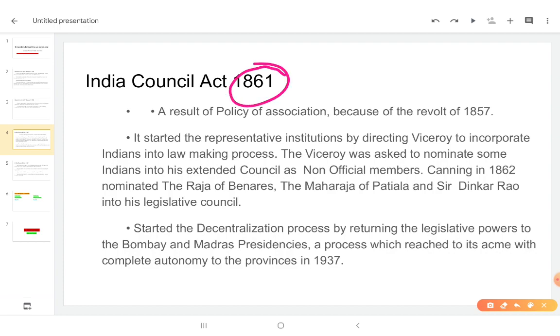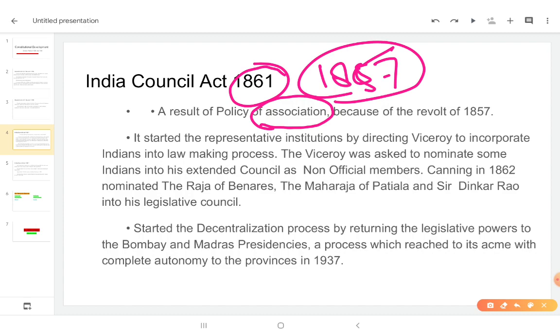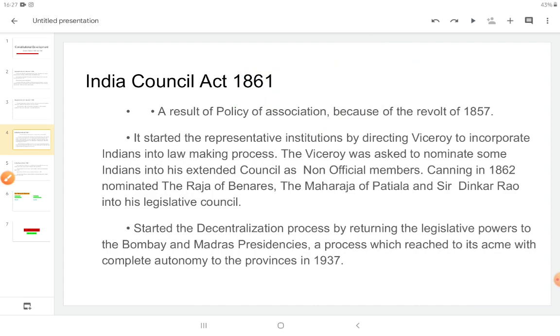Now under this 1861 Act, result of policy of association started. Now what happened in the government after 1857 revolt? They realized that the main reason why that revolt took place was because they actually did not accommodate Indians into the governance system.